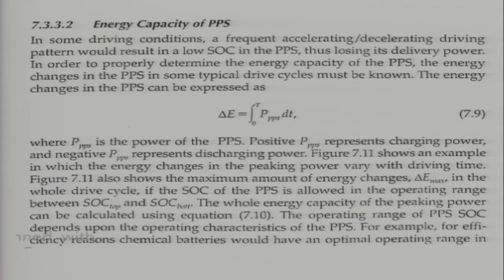Figure 7.11 shows an example in which the energy changes in the peaking power source vary with driving time. This also shows the maximum amount of energy change, delta E max, in the whole drive cycle if the SOC of the PPS is allowed in the operating range between SOC top and SOC bottom. These are the top line and bottom line of SOC which we have seen a few slides before.